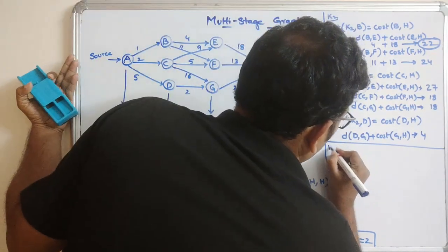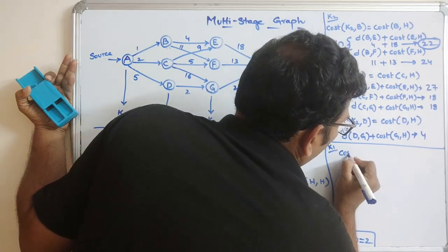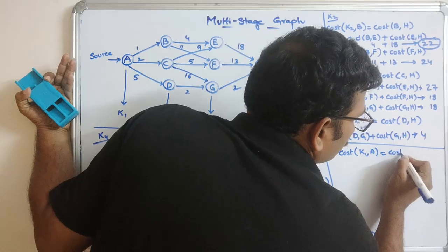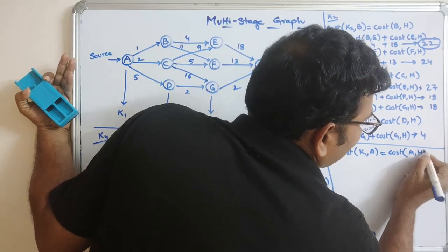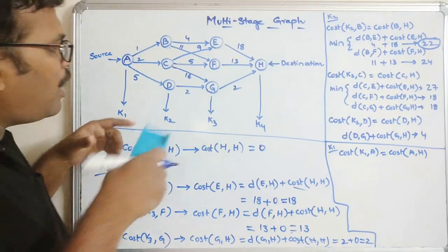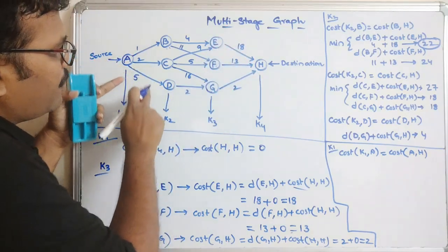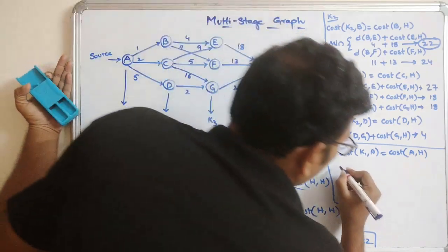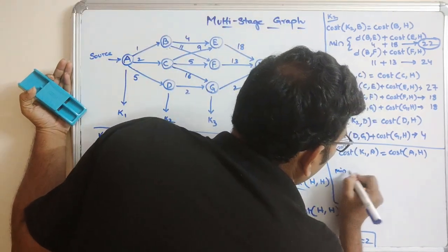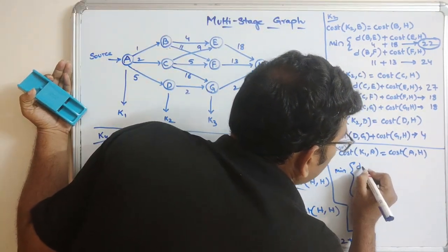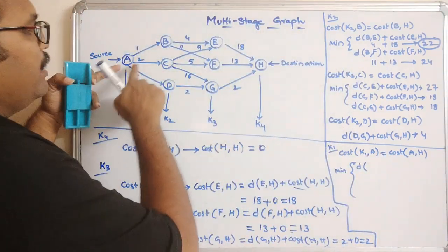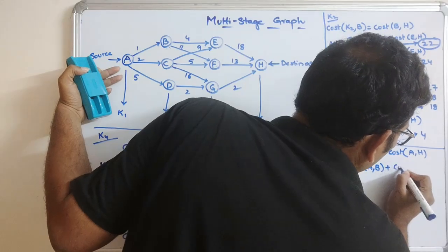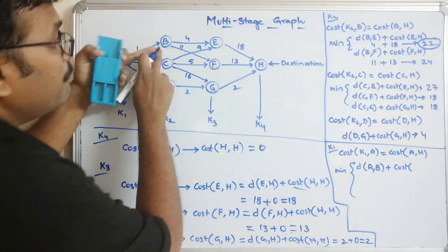Then K1, the cost of K1 comma A, which is cost of A to H. A to H. How many edges are there? 3 edges are there. So we have to find out the minimum among these 3. So minimum of distance of A to B plus cost of B to H.